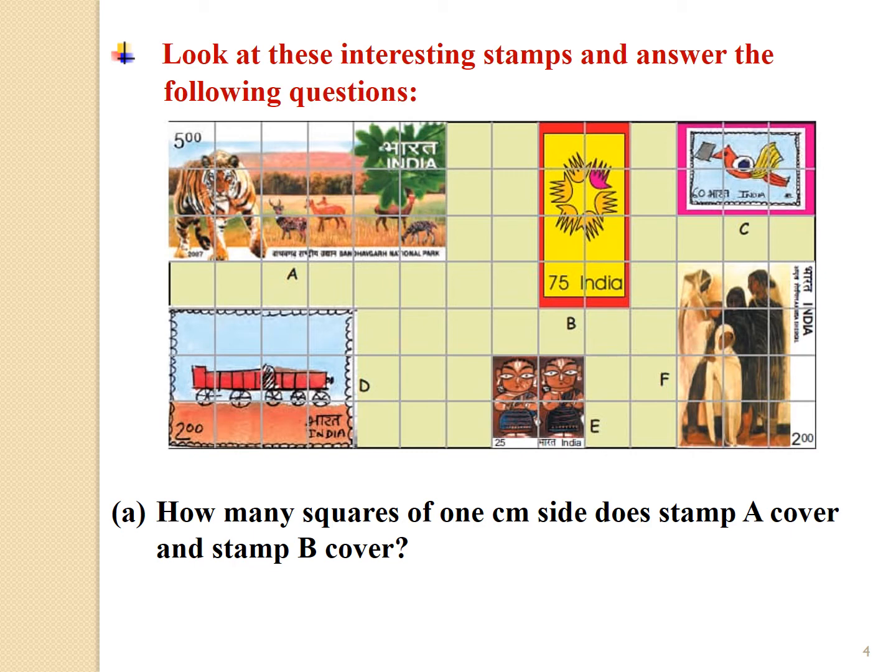Sum A. How many squares of 1 centimeter side does stamp A cover? How many does stamp B cover? By observing the stamps, it is clear that stamp A covers 18 squares and stamp B covers 8 squares.